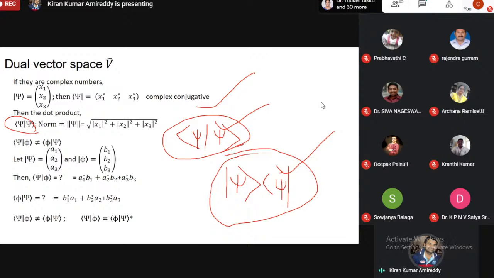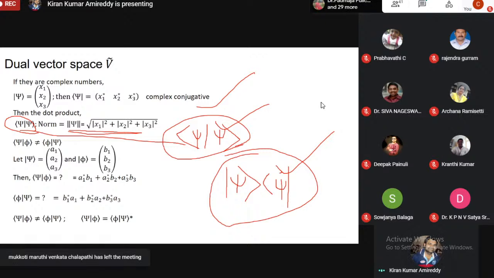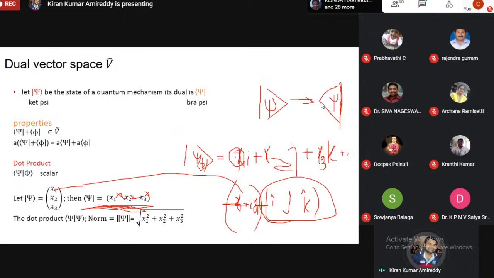So for that particular reason, I have shown here only this sign, but this also can be possible. So in this way, we can express their inner product. If it is a complex number, simply we need to take their mod. So then suppose if it exists like this, we can take x1 square plus y1 square.